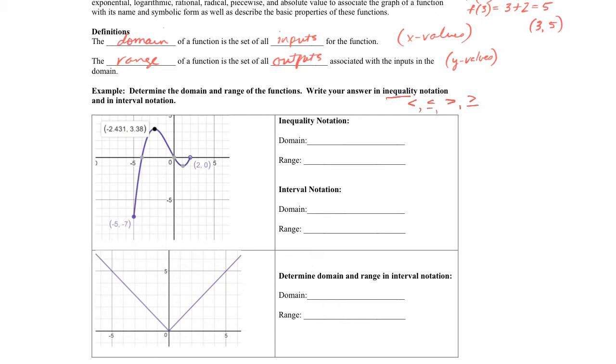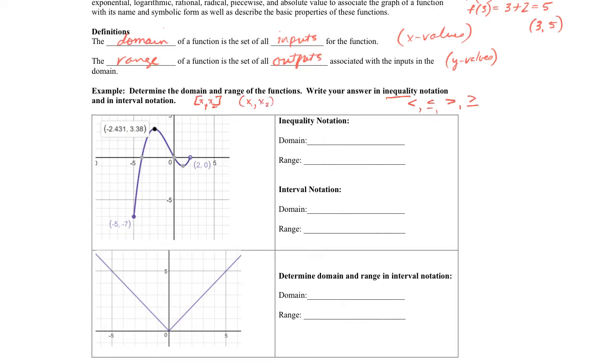Interval notation means we're going to use brackets around our x and y values. We'll call this x1 to x2, and then we could use parentheses. We'll talk about the difference between these in just a second, maybe between x1 and x2.